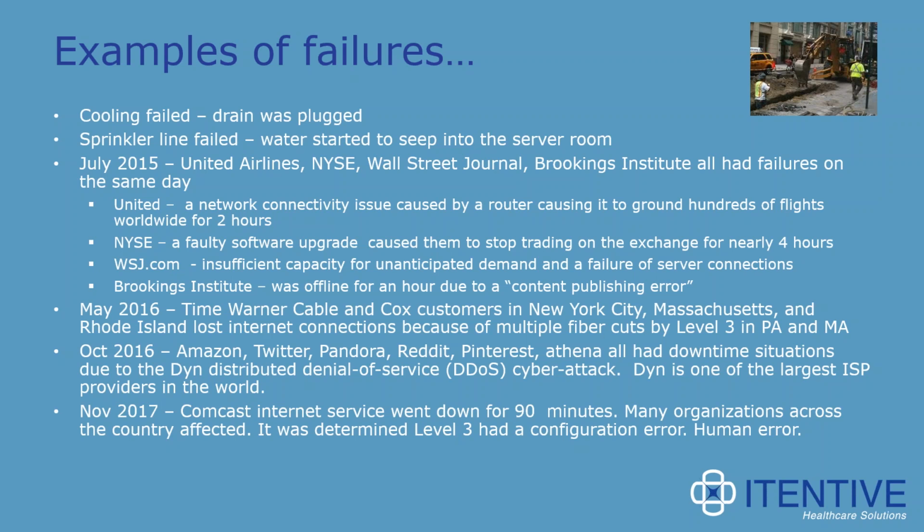So if you look at each one of these failures, they happen not only because of software problems and hardware problems, but also because of human error. So these examples are there just to remind us of what can cause the systems to come down, and most of the time it is out of our control.